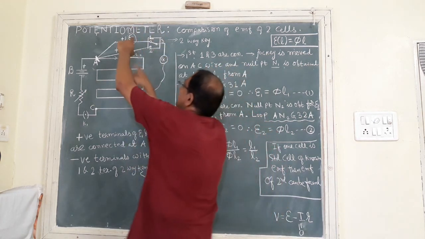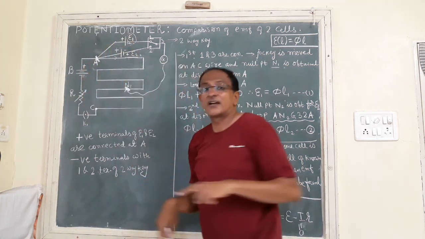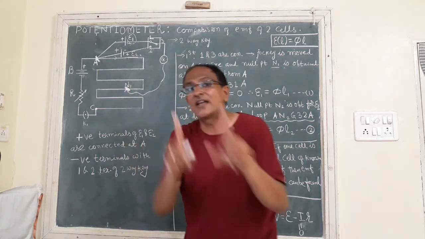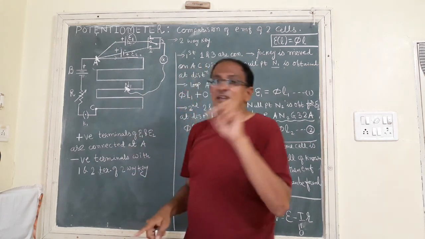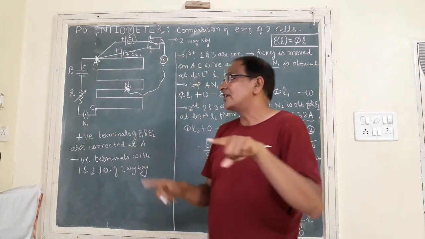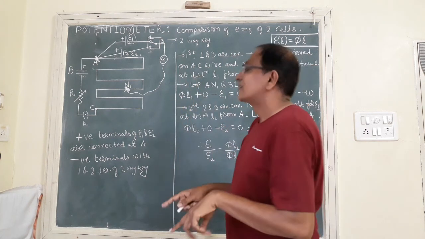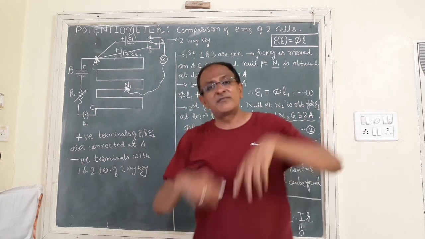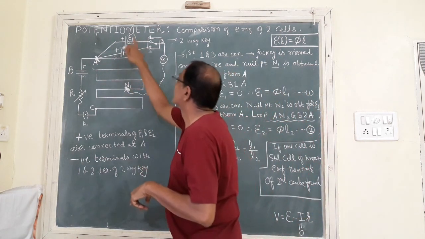So the electromotive force E1 is equal to the potential difference between these two points A and N1. The length of A N1 is, say, L1, and the potential per unit length is phi. So the potential difference between A and N1 will be phi L1. So phi L1 is equal to E1.